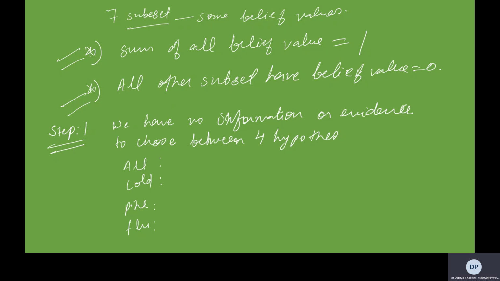So now the only thing we can write is that we have theta and its value is 1. What does this mean? It means the doctor has confidence that the disease will lie in theta only.